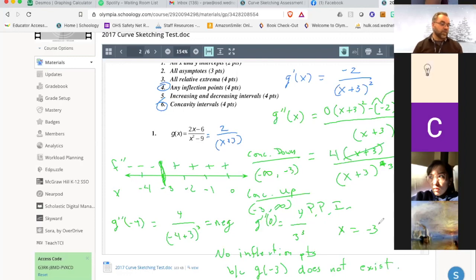It's an asymptote. It's not a point. So even though there's a change in concavity, we still can't call that an inflection point, because it's an asymptote.